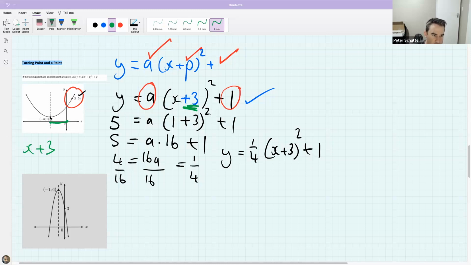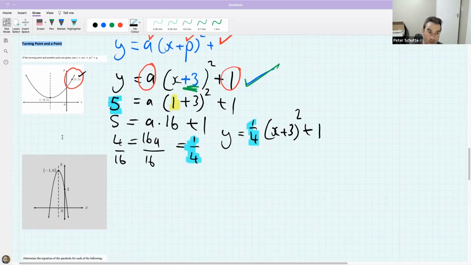But then it also had to move upwards by 1, and that's why we need the plus 1 there. Now, that's step 1. But you still need to sub in 1, 5, which is here's my 1, and here is my 5. That allows me to know how steep or how shallow it is. Once I sub it in, I get that A is a quarter.